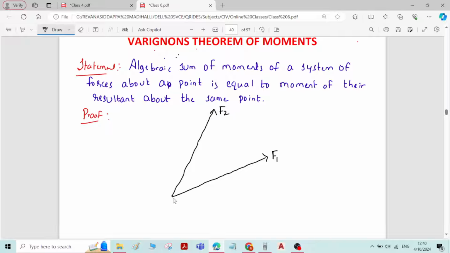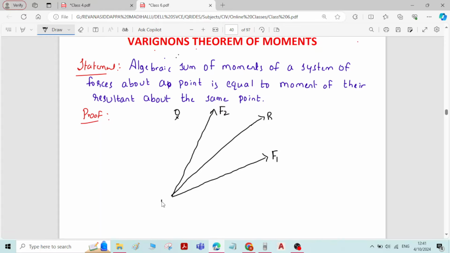Let R be their resultant, and let point O be the moment center. Moment center means it is a point about which the moment is measured.